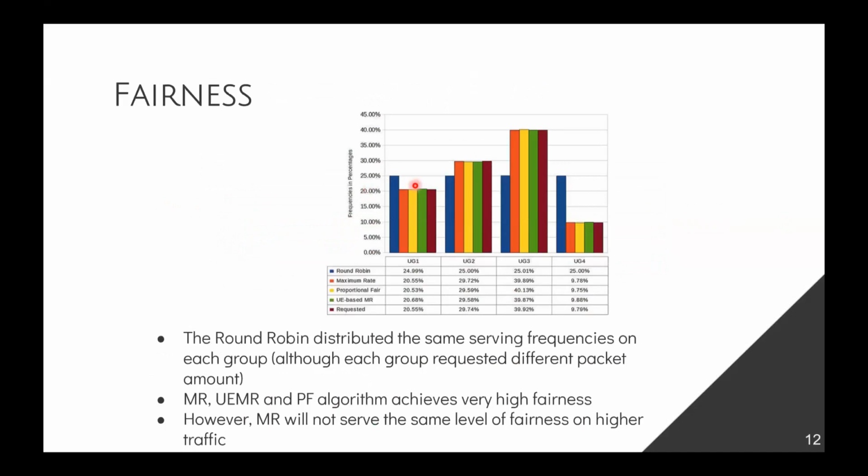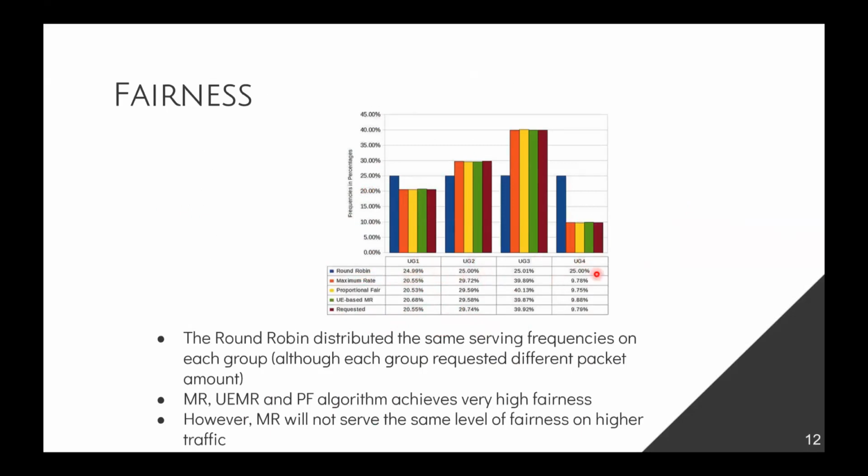And the last one is the measurement of the fairness. As we can see here, there is a requested packet percentage for user group 1, user group 2, user group 3, and user group 4. Each one has a different number of packets requested. The round robin has the same level of delivery, that is 25%.